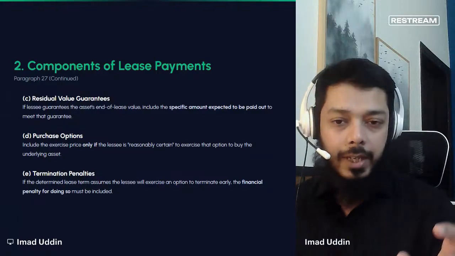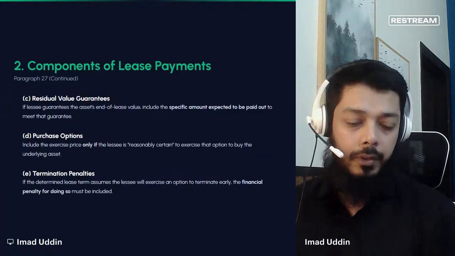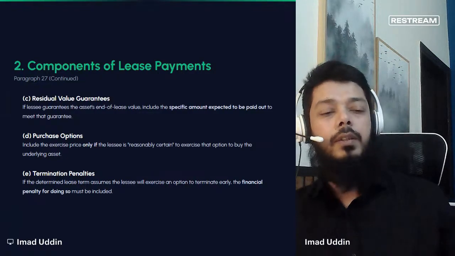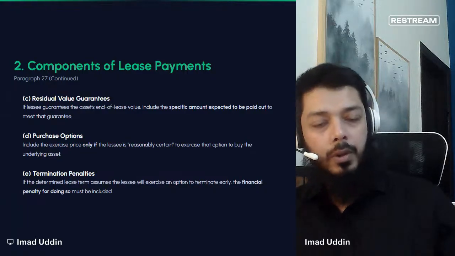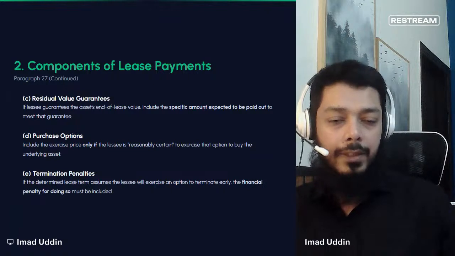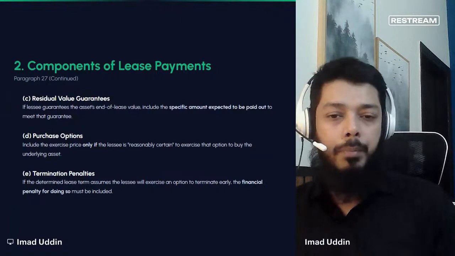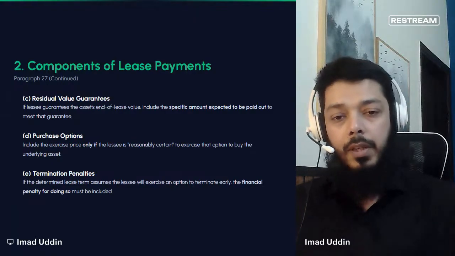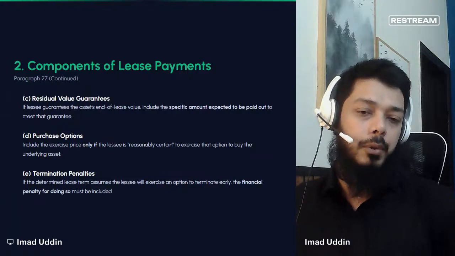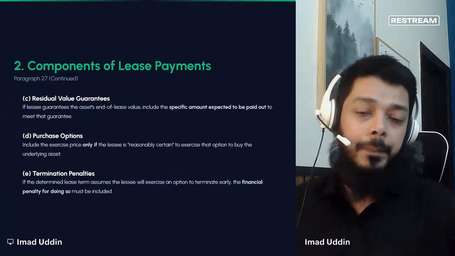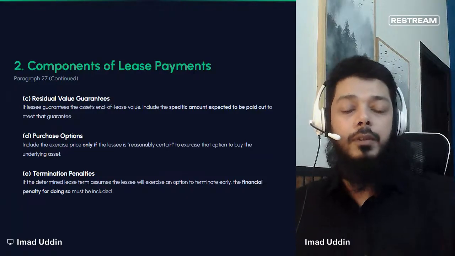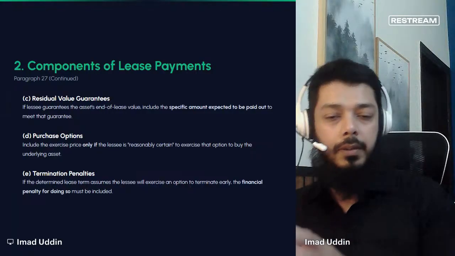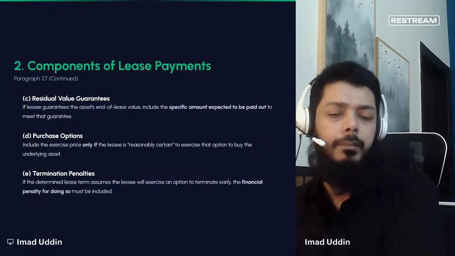And if, over the course of the lease term, this expectation changes, let's say previously we were expecting to pay the lessor only $10,000, but we have now used the asset too much and it has probably been partially damaged, to the extent that we now know we have to pay not just $10,000 but $50,000 to the lessor to make up for the guarantee. Then we would have to reassess the lease contract, and so the lease liability and the right of use asset would be adjusted accordingly. But that's an advanced topic.